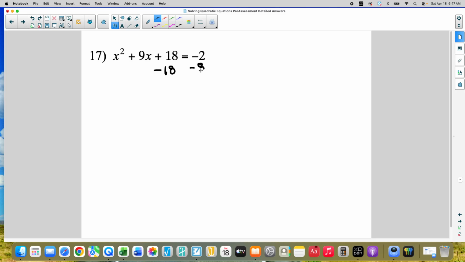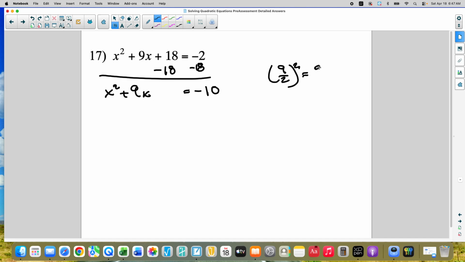We're going to set it equal to 0: x squared plus 9x. My handwriting is deteriorating at 6:47 a.m. -10. So 9, let's take half and square gives me 81 fourths. So we're going to add 81 fourths to both sides. This is the easy part.